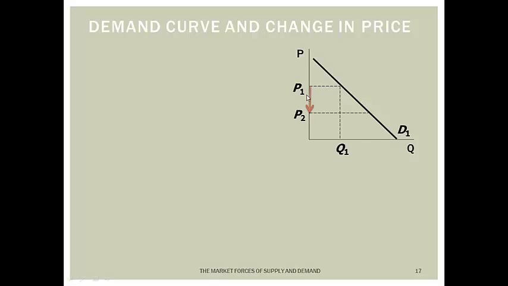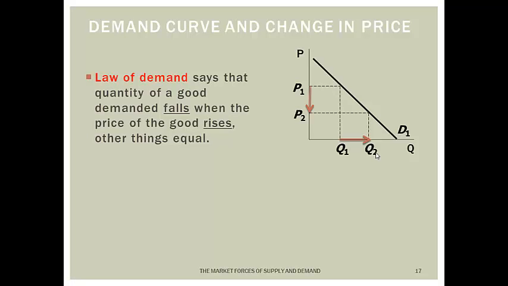If the price drops from P1 to P2, now this good becomes more attractive to the consumers. As a result, they start demanding greater quantity. So quantity demanded increases from Q1 to Q2. So that's the reason for which we say the demand curve is going to be downward sloping.